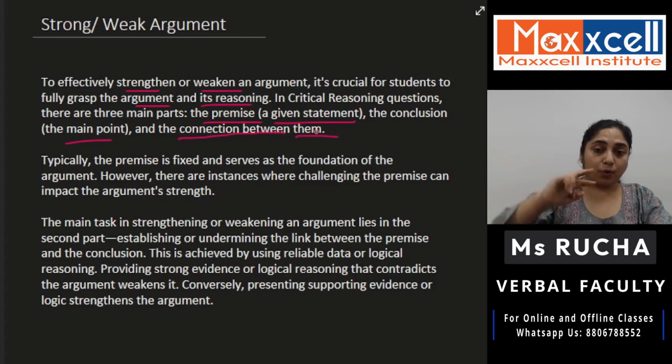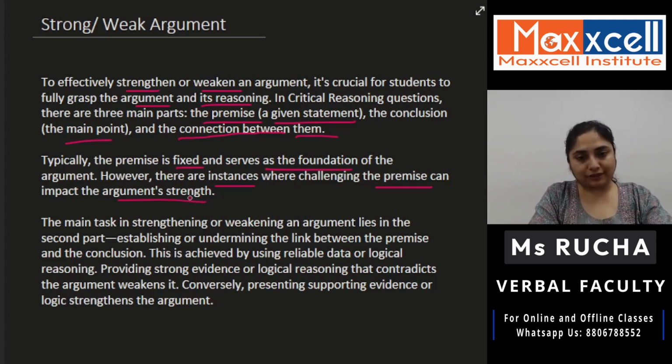As I told you, the connection between those statements and the conclusion will define whether the argument is either weak or strong. Premise is fixed and serves as the foundation of the argument, but there are instances where challenging the premise can impact the argument's strength. So whatever the premise is, if you are challenging that, automatically the conclusion will weaken because the premise in itself is not strong enough. So this is the way in which you can either strengthen or weaken your arguments.